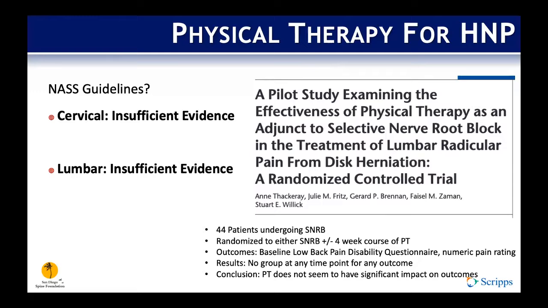And this was just an interesting study, I thought, that kind of argued against it, where 44 patients who were already scheduled to undergo a selective nerve root block, half of them were randomized to undergo a course of physical therapy 4 weeks after the intervention, and looking at their low back pain disability questionnaire as well as their numeric pain rating, there was no difference at any time point, with the conclusion that physical therapy does not seem to have a significant impact on the outcome of patients with lumbar disc herniation resulting in radiculopathy.